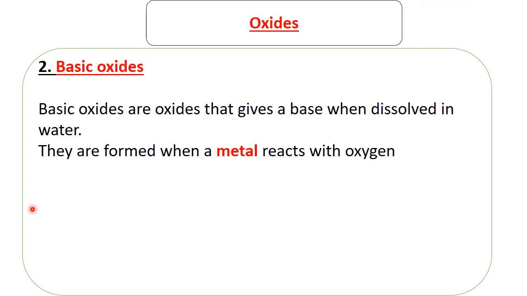Unlike acidic oxides, which are formed when a non-metal reacts with oxygen, basic oxides are formed when a metal reacts with oxygen. If you remember when we were studying the periodic table, one of the characteristics of metallic compounds was that they react with oxygen to form basic oxides. So now things should be making more sense.